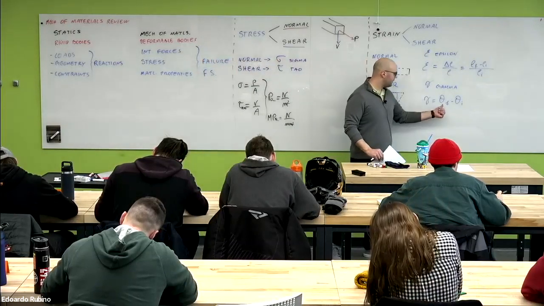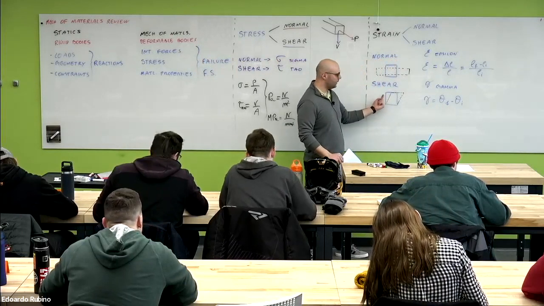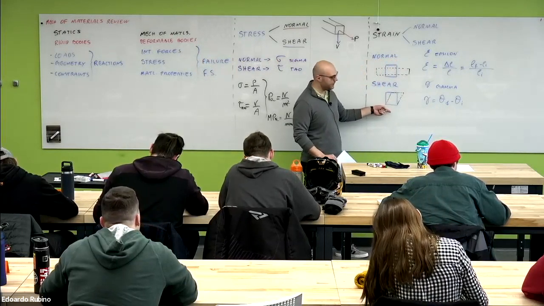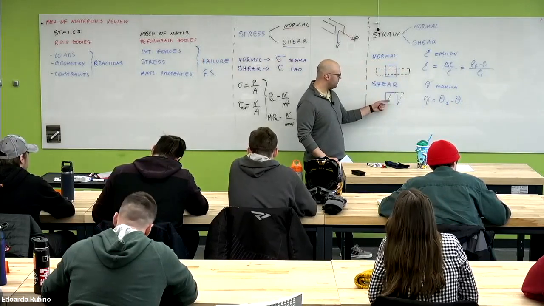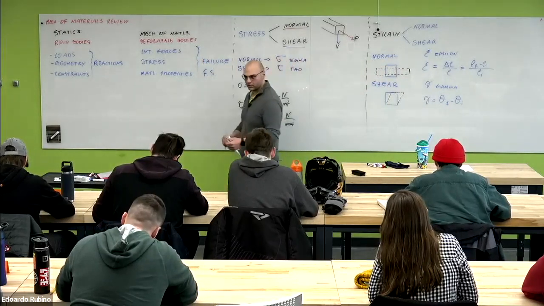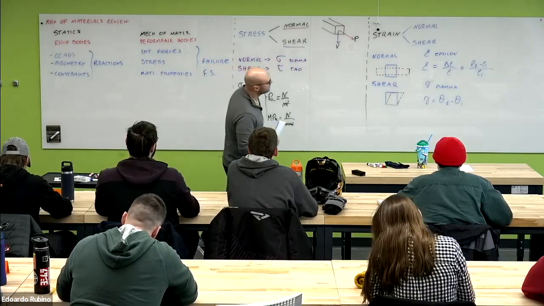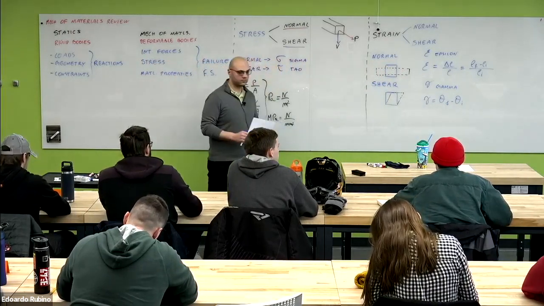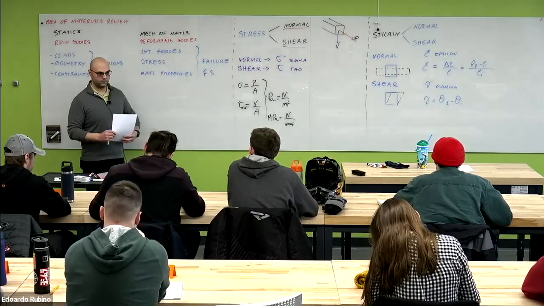So it will be the final theta, which is the angle between the two sides of the element, and the initial theta, which is the angle between the two sides of the element before we have the deformation. Questions?